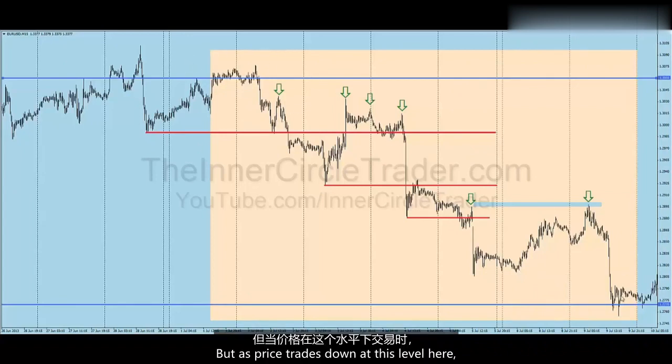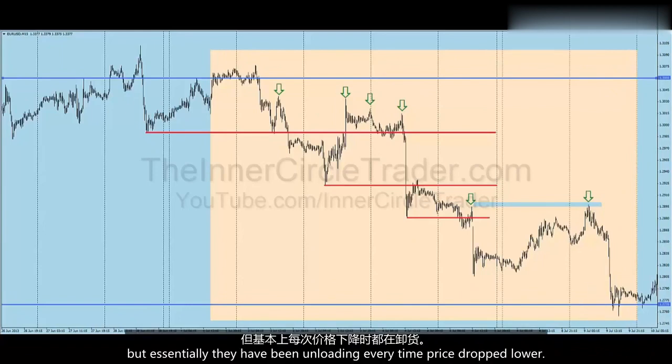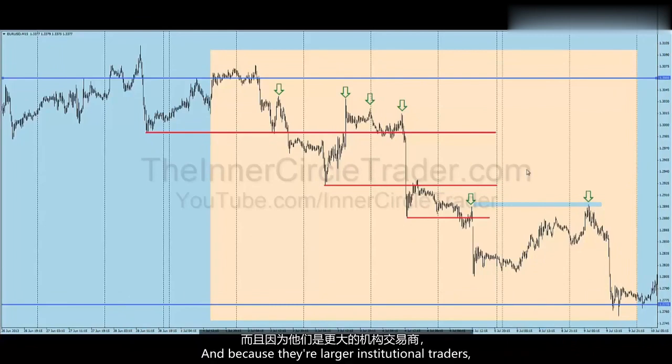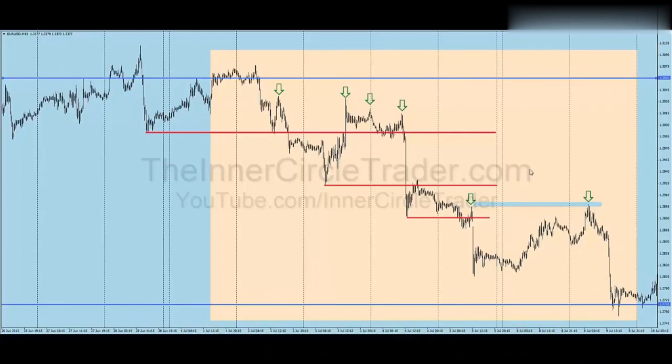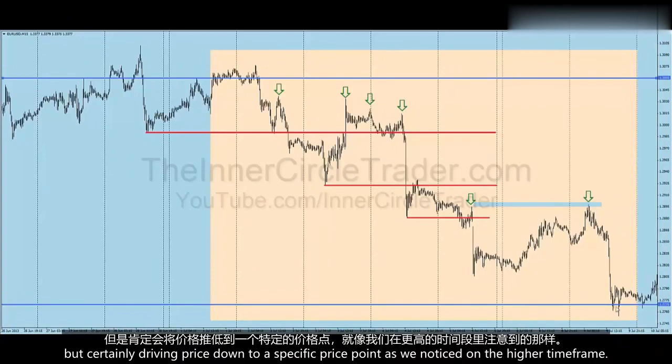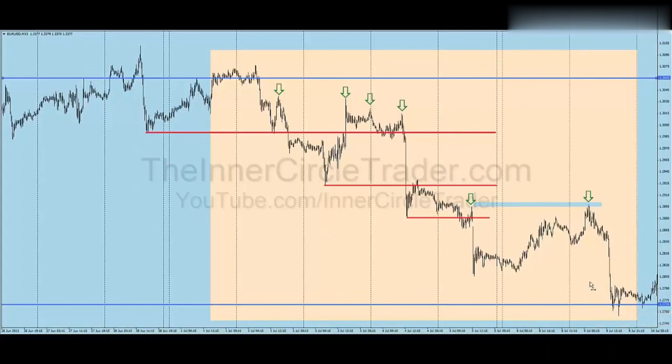But as price trades down to this level here, they're essentially no longer heavily net short. They may have some shorts still on, but essentially they have been unloading every time price dropped lower. Because they're larger institutional traders, they have to be exiting during the move, but certainly driving price down to a specific price point, as we noted on the higher time frame.